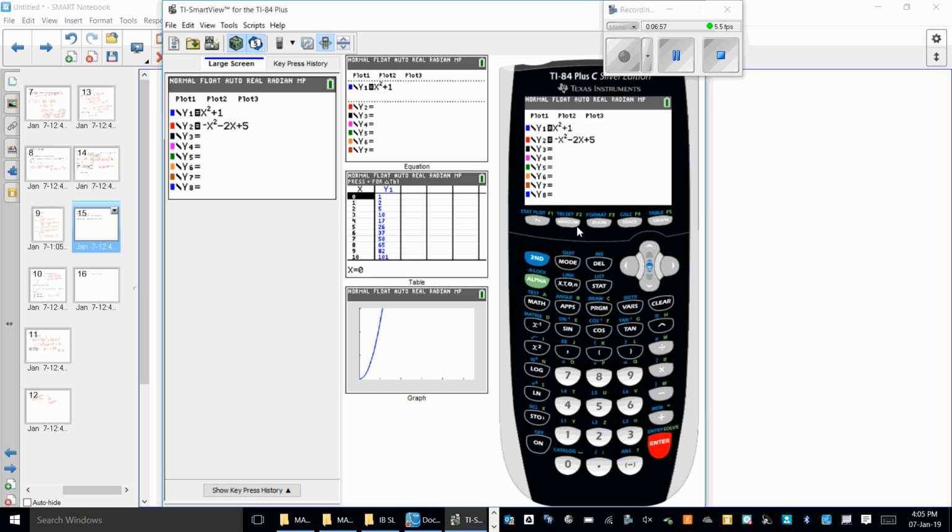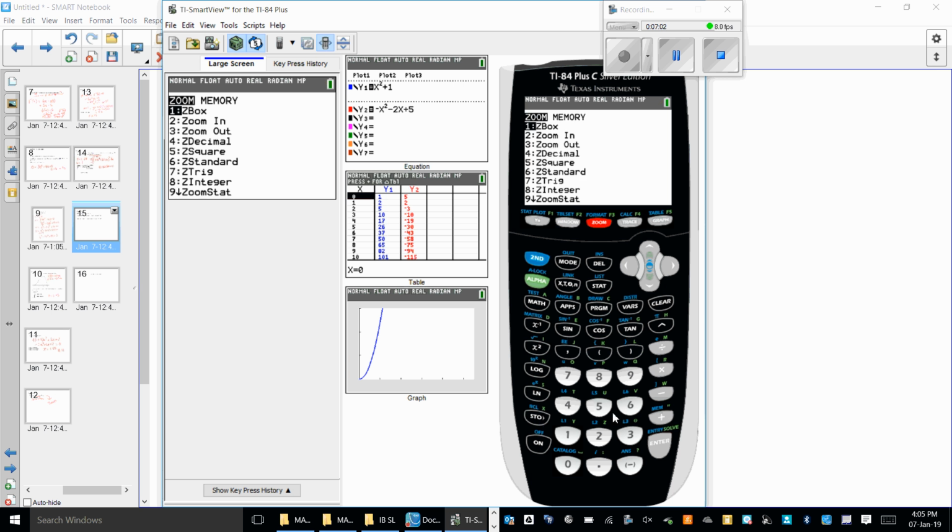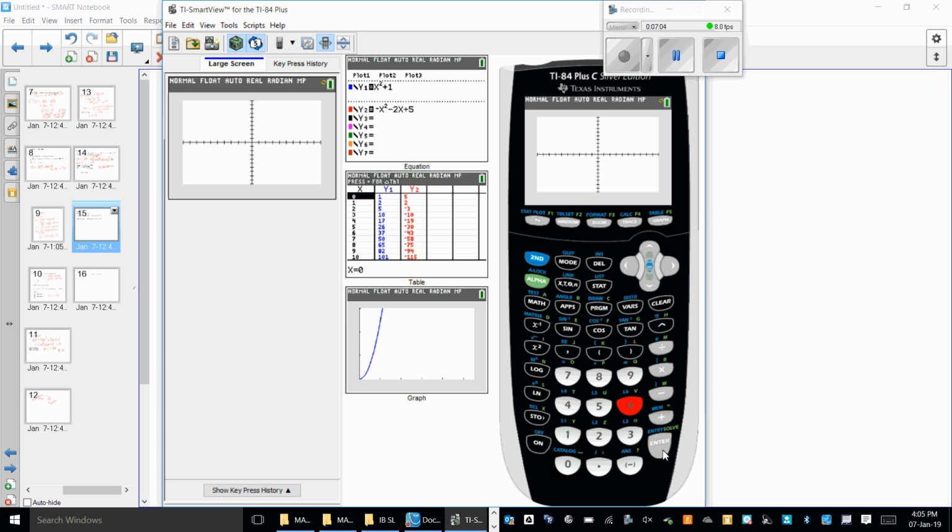Okay, window, go standard. So there's our two graphs, and we want to find this area here.